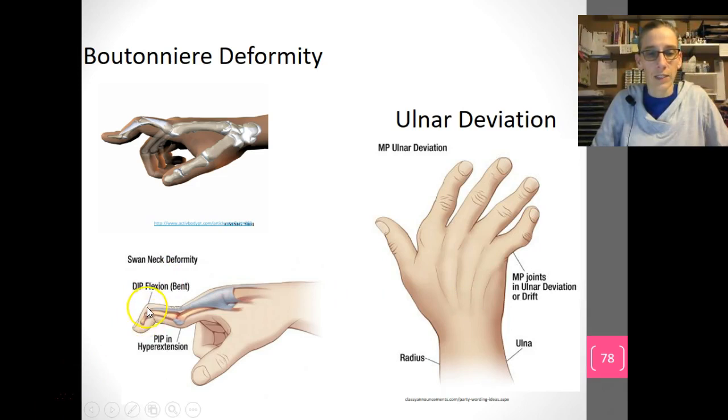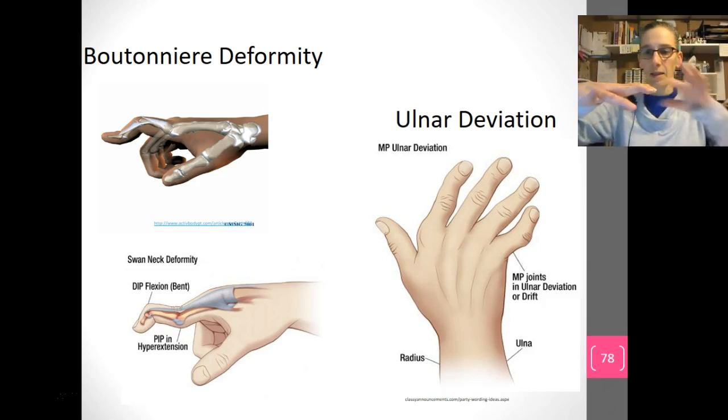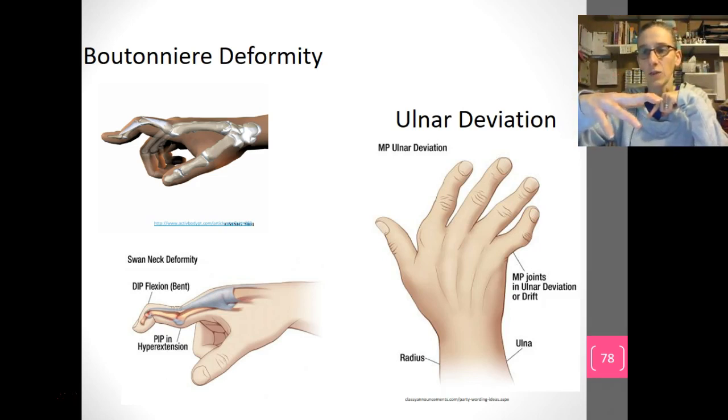If anyone here is double jointed, you can see how this goes. This is your hyperextension in the proximal and your distal interphalangeal flexion. But it's constantly like this. I can make it do that and then I have to stretch it back out. But I can obviously make it undo that.